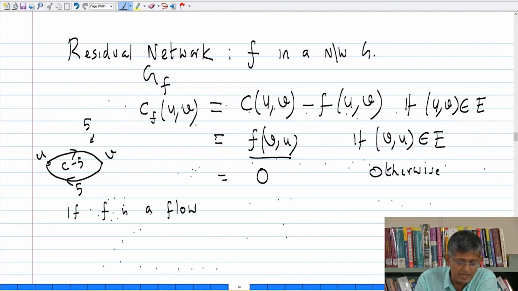I'll come to this proof a little later, but I'll convince you of this, move ahead and prove a sequence of properties, and we'll come back to this.